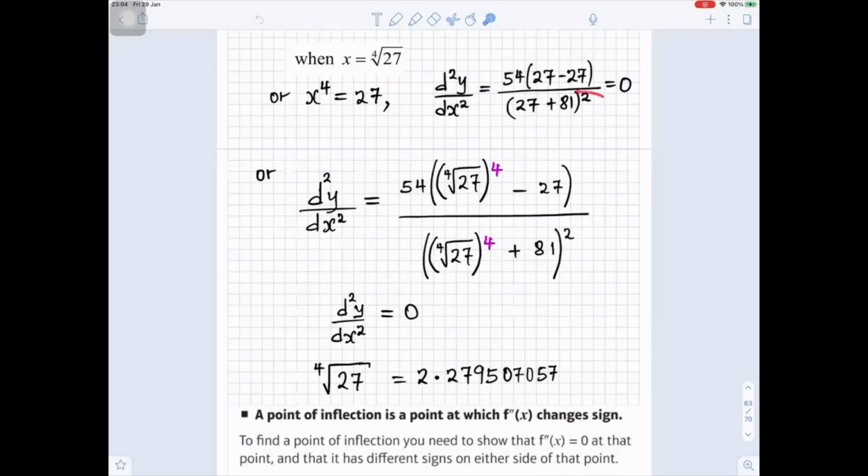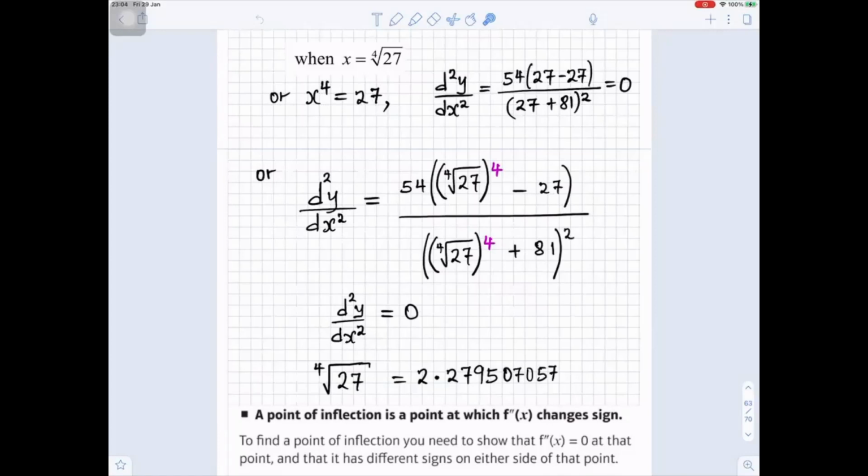And 0 divided by whatever is underneath is 0. So when x is equal to the fourth root of 27, you get 0. So you have shown that d squared y over dx squared is equal to 0.